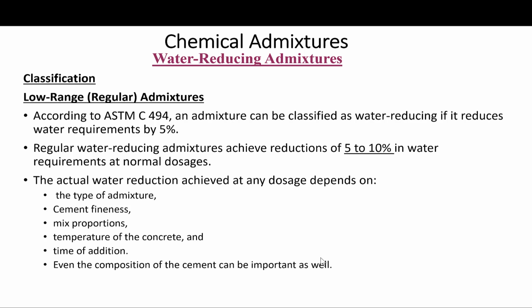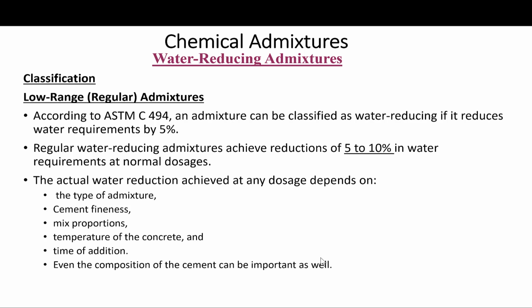And many air entraining admixtures in this case could also be classed as water reducing admixtures, considering this criteria. The regular water reducing admixtures achieve reductions of maybe 5 to 10% in water requirements at normal dosages.